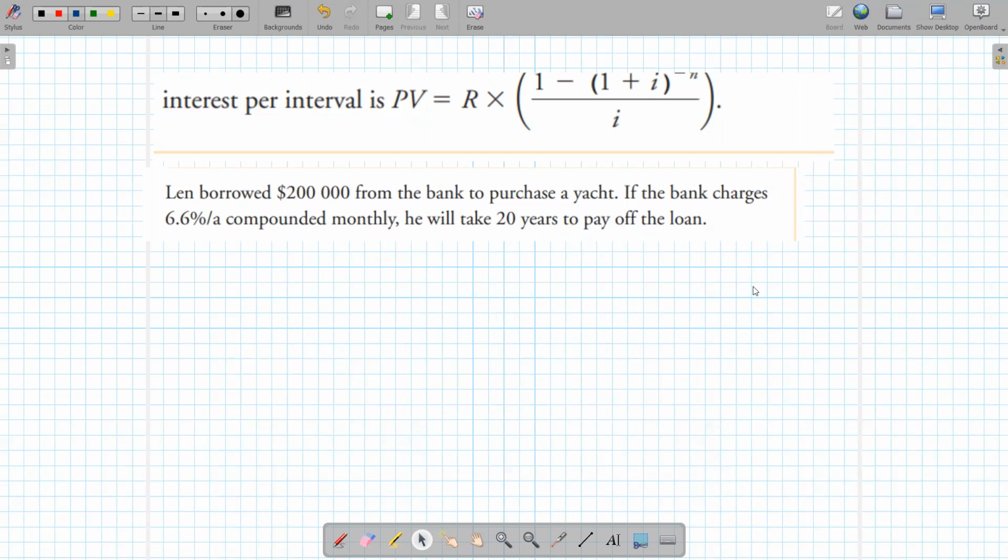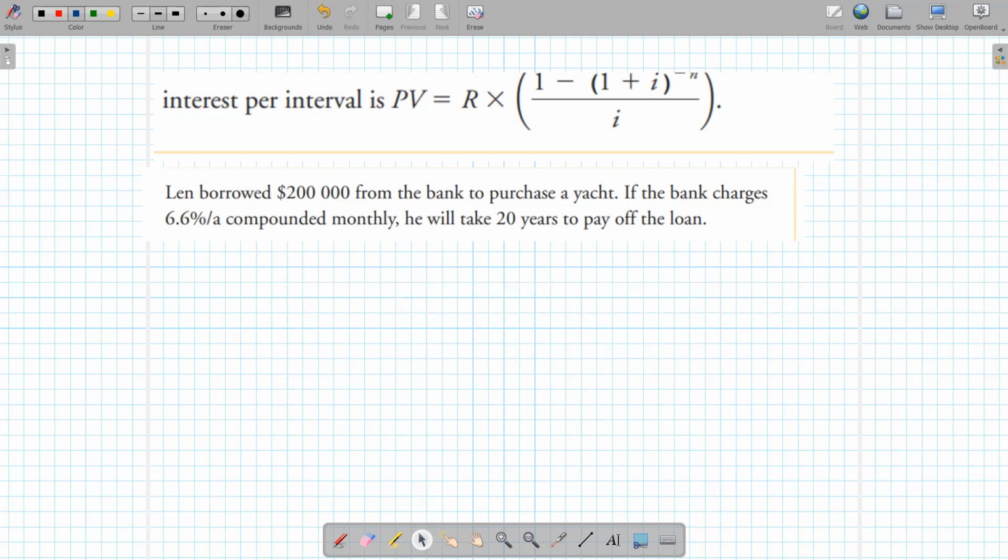All right, what is given here? 200,000 is the present value. All right, how do you know it's the present value? Because the person borrowed it, so he has it now. Yeah, exactly. He has it today, right? So that means he has it in the present. That's why it's present value.